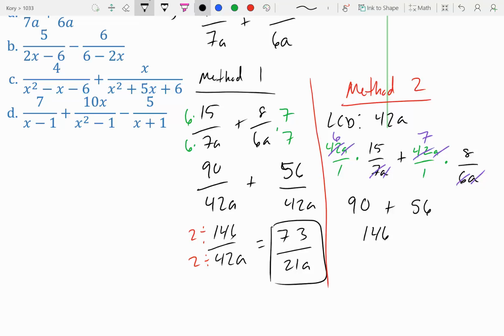And now, only when you add and subtract, when there's no equal sign, nothing like that, only if there's adding and subtracting expressions, you put it back under the LCD of 42a and simplify to 73 over 21a. Now, it might seem longer right now, but if you get used to this method, later on in chapter 6, it'll be a lot easier and a smoother transition into equations. So from now on, we're only going to be doing method 2 from here on out.